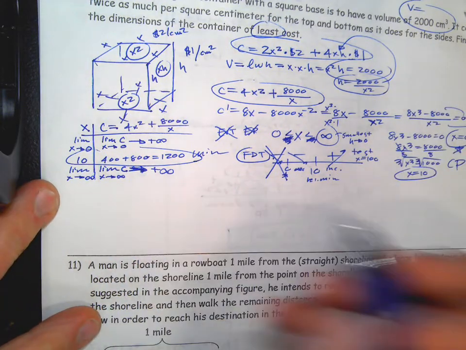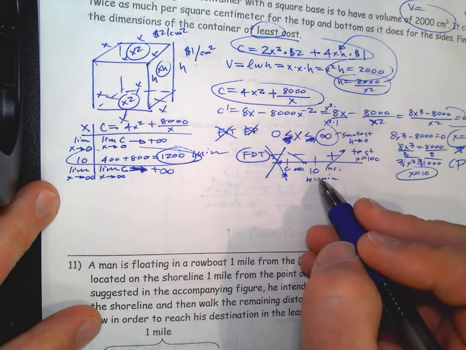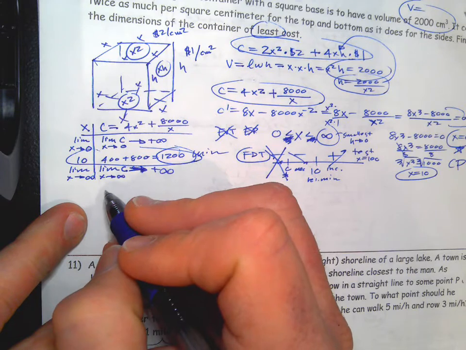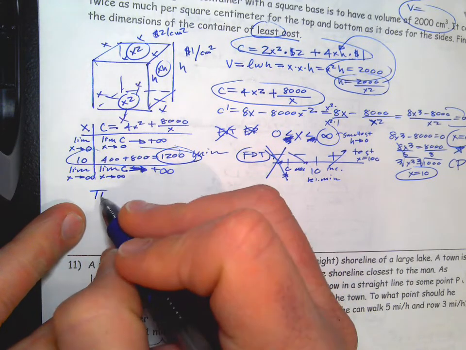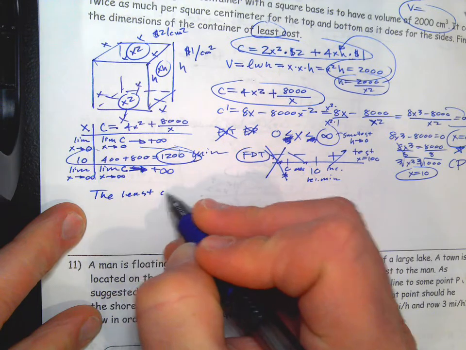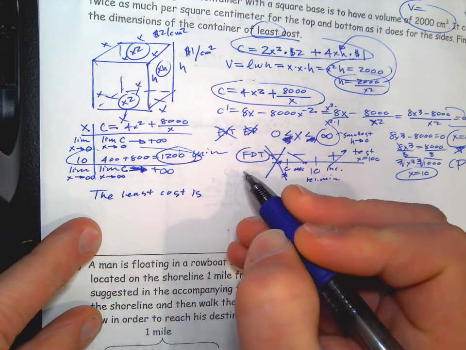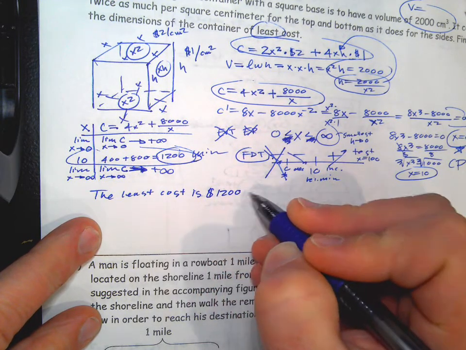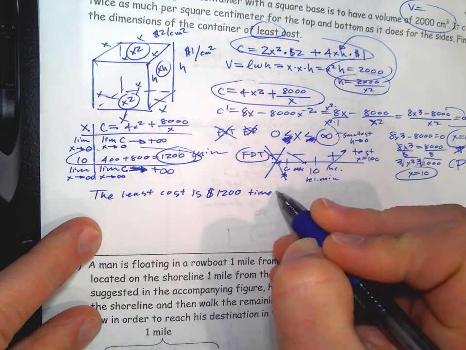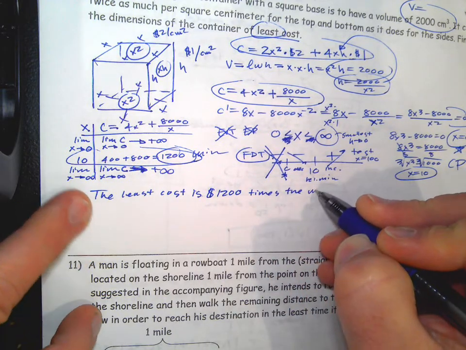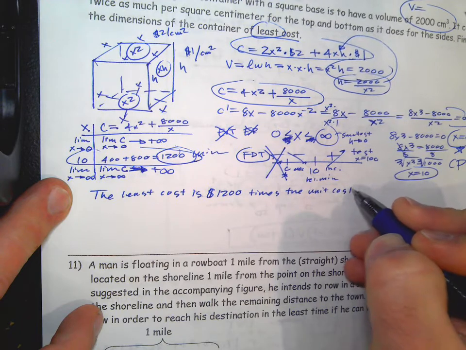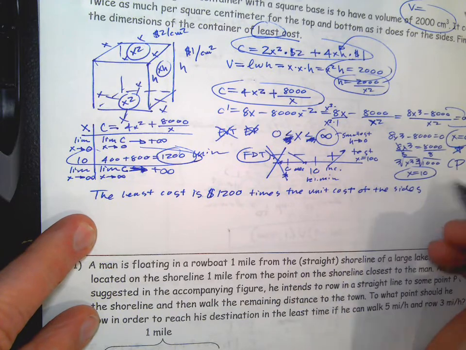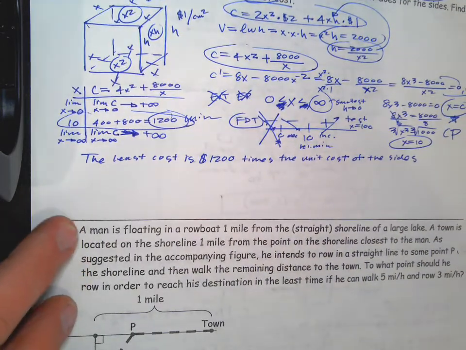So, we found it. Even if you do it this way, you could plug the 10 back into the cost function and find the cost. Now, the cost is actually not 1,200. The least cost is, remember the price we were doing is 1,200 times the unit cost of the sides, because we just assumed it was 1 to make the work easy.